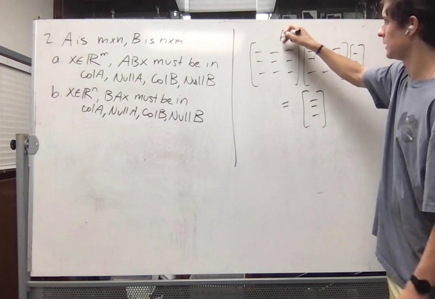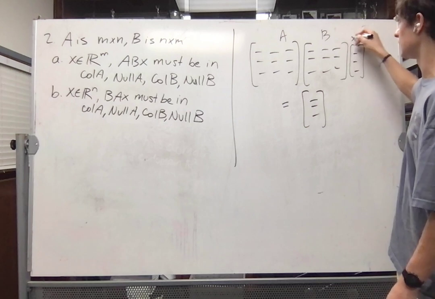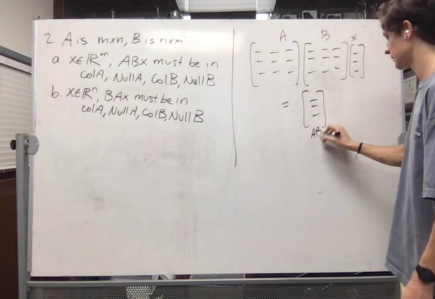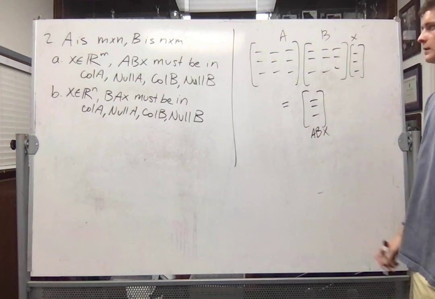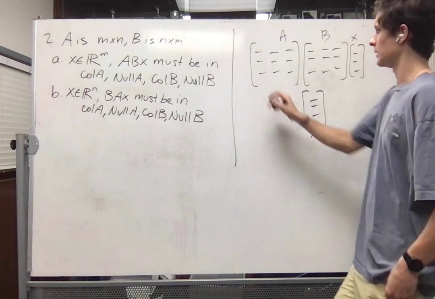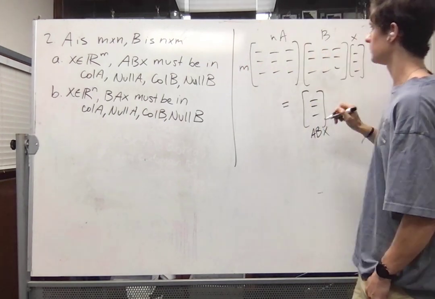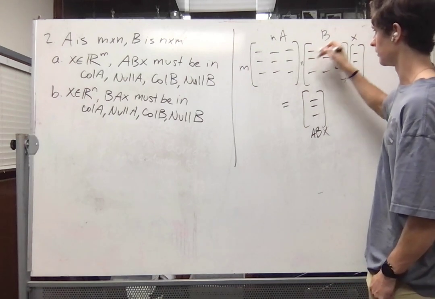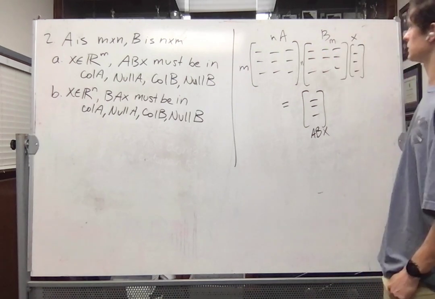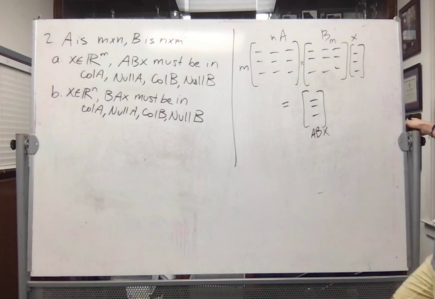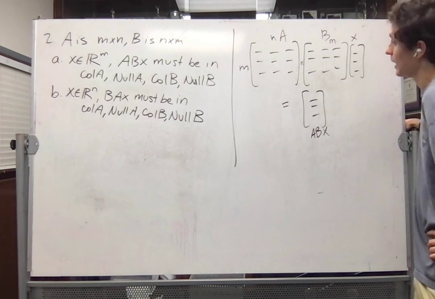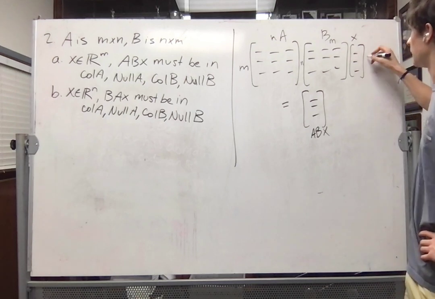So this is A, this is B, this is x, this is ABx. Let's write down the sizes. A is m by n, so m rows, n columns. B has n rows and m columns. So what size does x have to be? If it's a vector, x has to be m by 1.